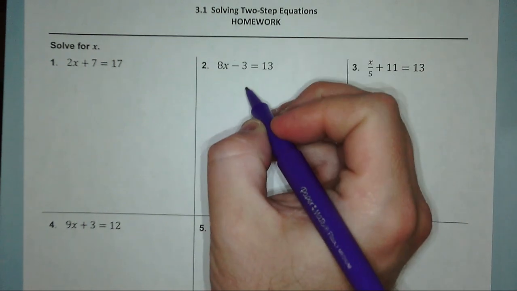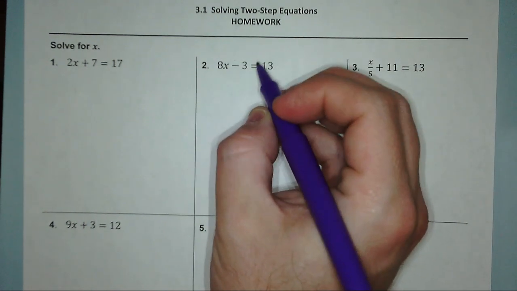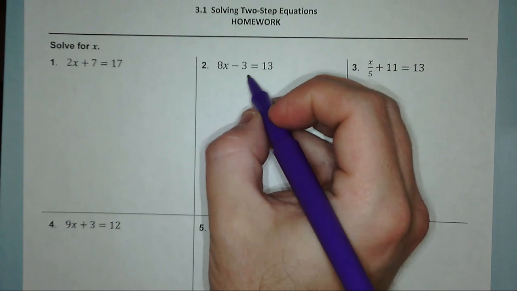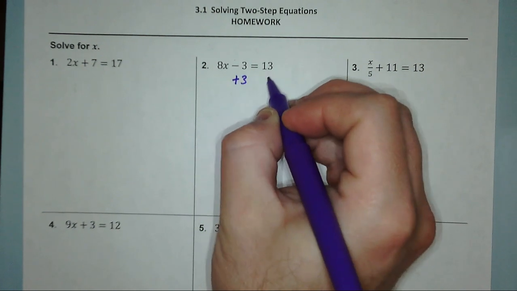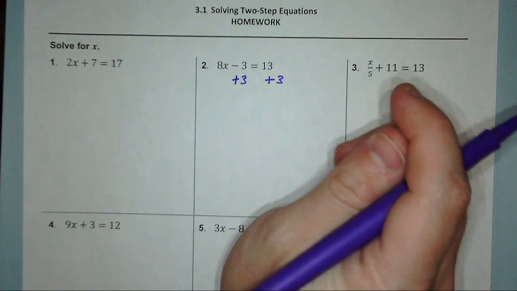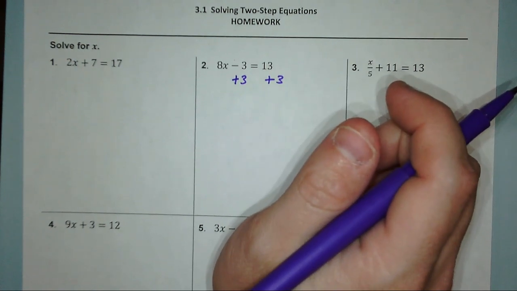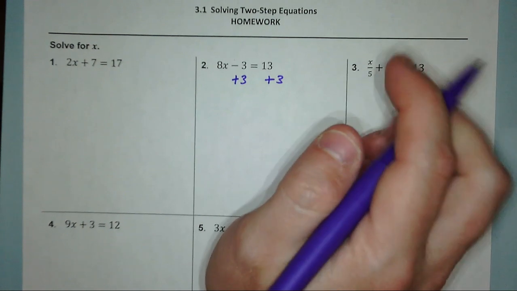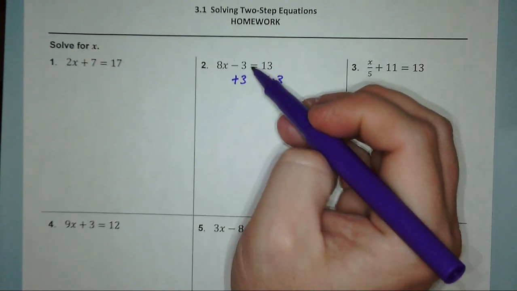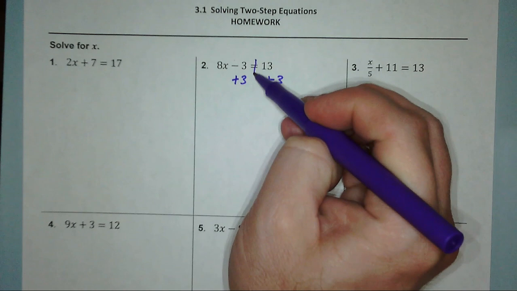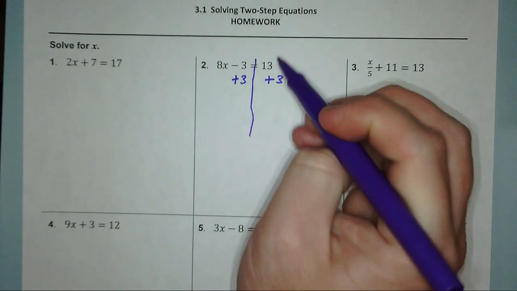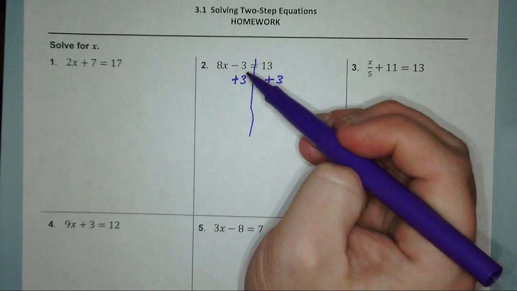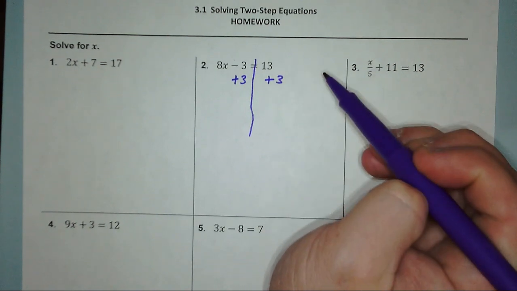Jesselyn, do you know what the first step here would be to solve for x? Add 3. Awesome. I know this might be catching a lot of you off guard, like all of a sudden we're back to solving for x. But good job. Remember, everybody, the equal sign is what separates the left side from the right side, and we have to add 3 to both sides.